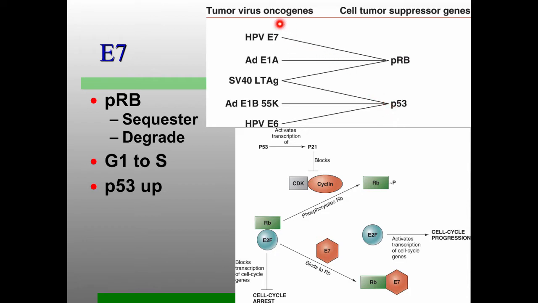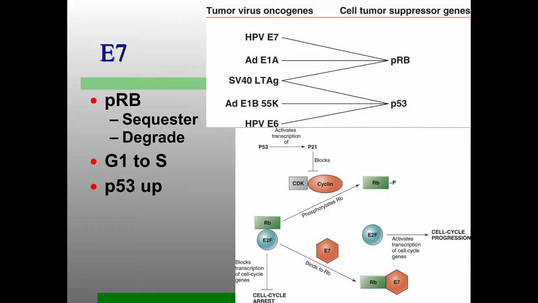In the papillomaviruses, E7 interacts with RB in an extremely similar way to the large T antigen, and as we'll talk about in just a second, E1A from adenovirus interacts with pRB to stimulate progression through the cell cycle. On the other hand, P53, the guardian of the genome, the protector, normally leads to blocking of the cell cycle and stimulation of apoptosis.